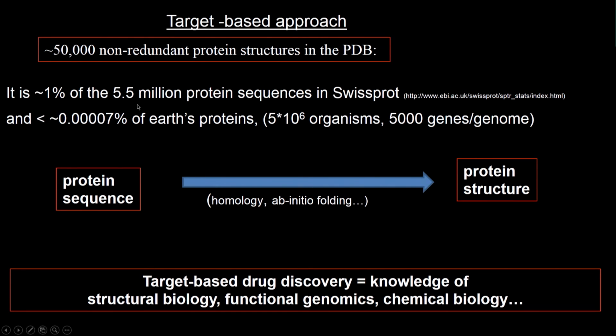That means we do not have information about a large number of proteins, almost 99.99% of proteins found on the earth we do not have actually. Okay. So, we will not find the 3-dimensional structure of many proteins involved in many diseases for human.